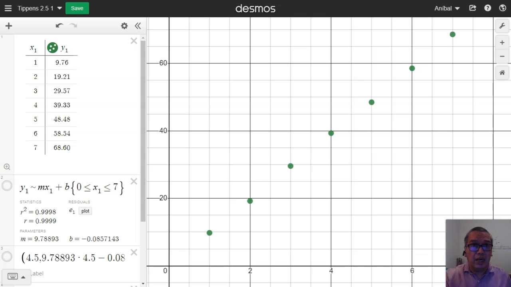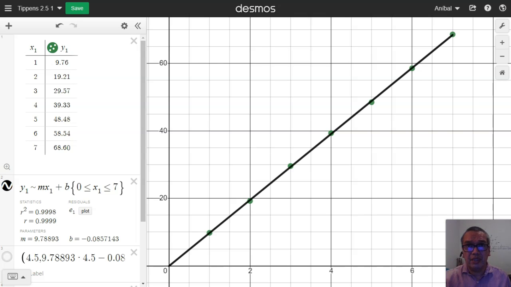This web app, Desmos.com, even lets you find a good approximation of the straight line that best describes this behavior. We can talk another day about how to use the app itself, but if you want to do this by hand, it is actually rather easy.